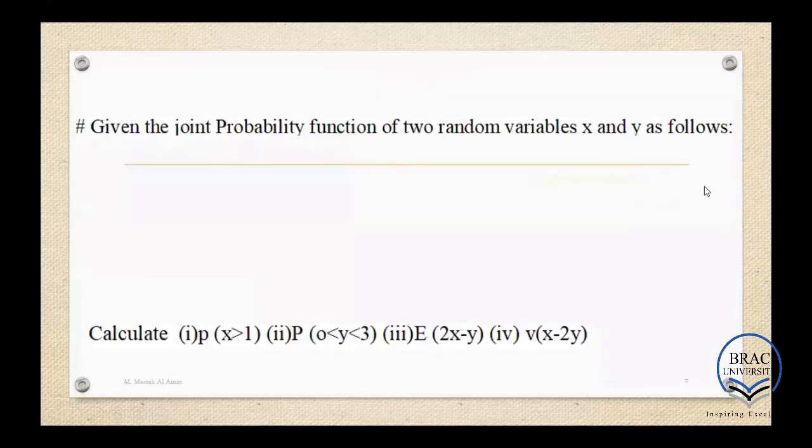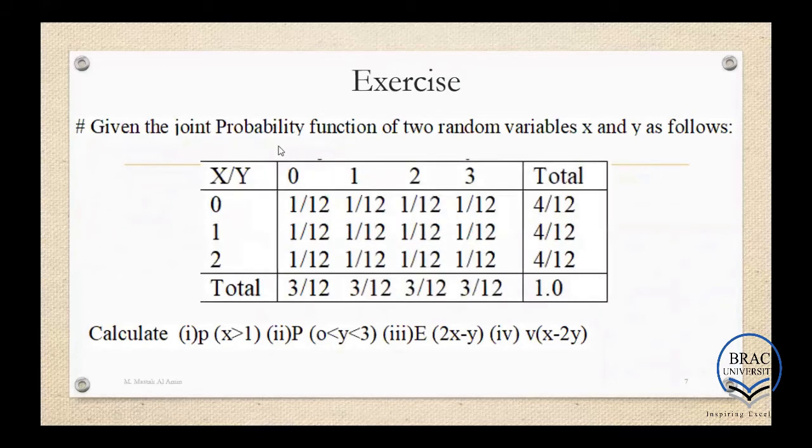Okay, so now another example for joint probability function. Again, if we consider x and y two random variables where x equals 0, 1 and 2 and y equals 0, 1, 2, 3. So these are the probability values, right? And we already know that these are the joint probability values.